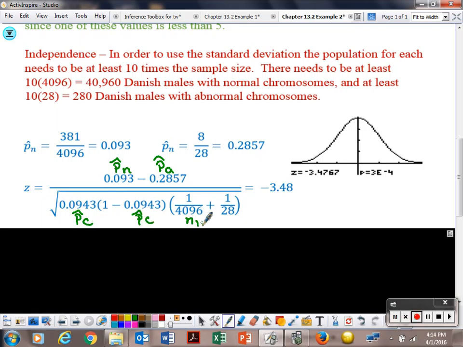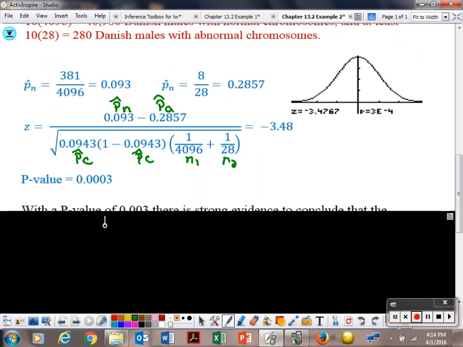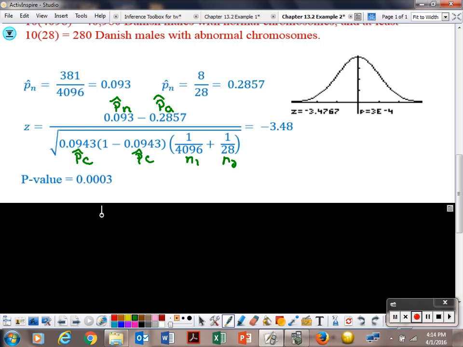Your n1 and your n2. Just plug it in. Here's your z value. There's your p value. So the p value is 0.0003. Very, very significant.